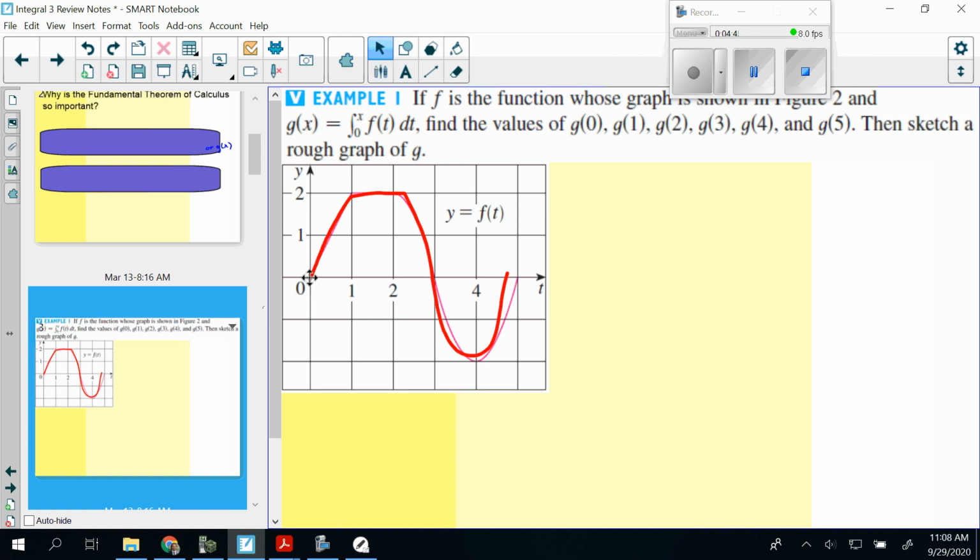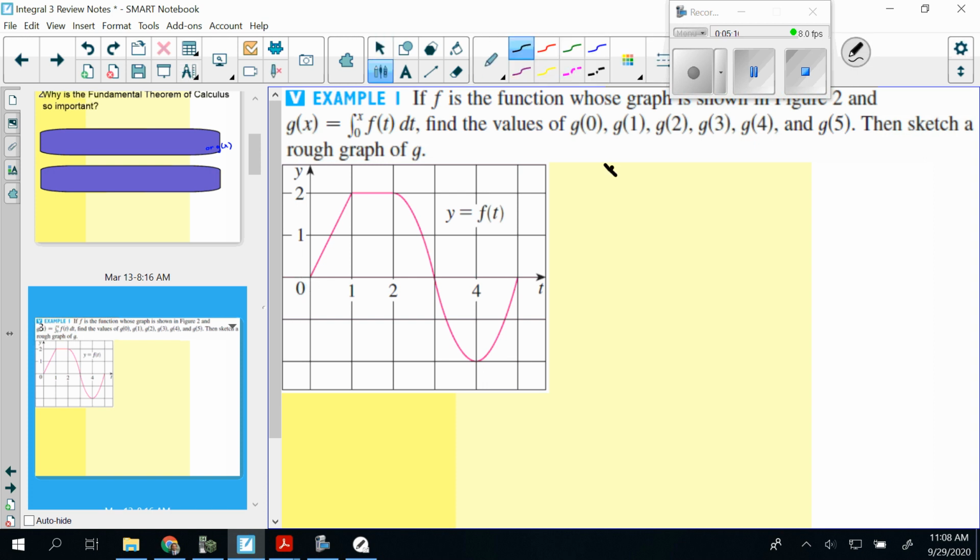And so any x we put in here will find the area from 0 to that location. So what we're going to try to do here is see if we can come up with those values of g of 0, g of 1, all the way through g of 5, and then sketch out a rough graph of this. So let's make a little table here to do this.